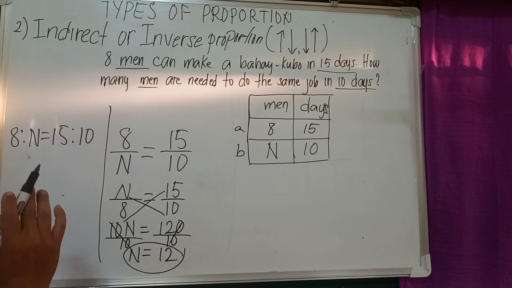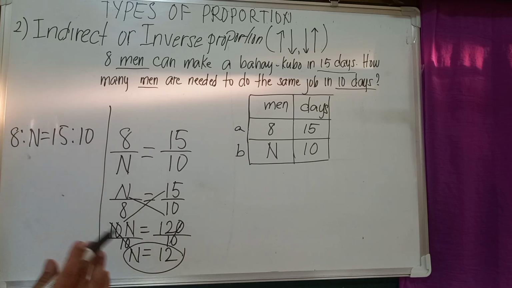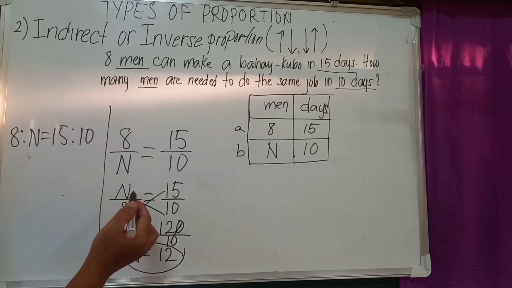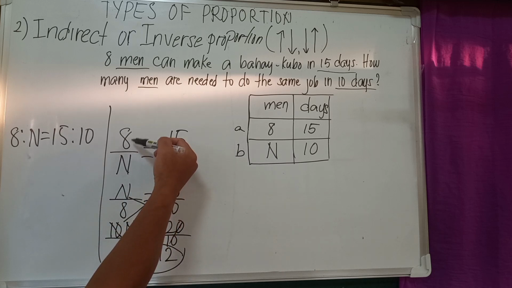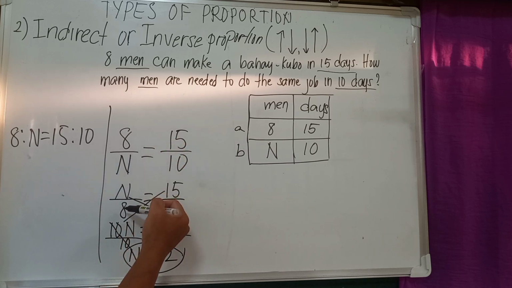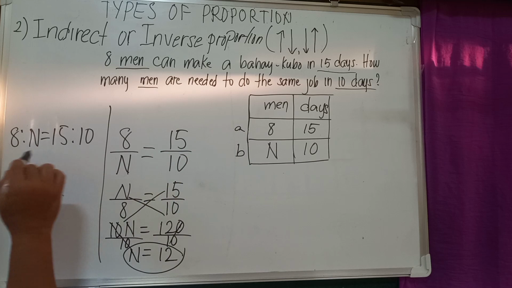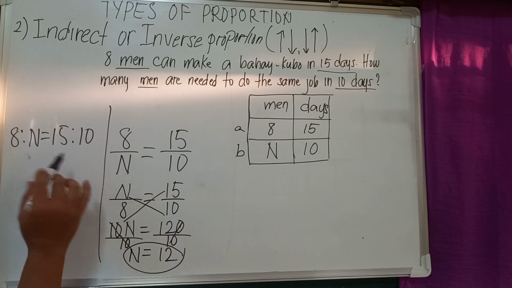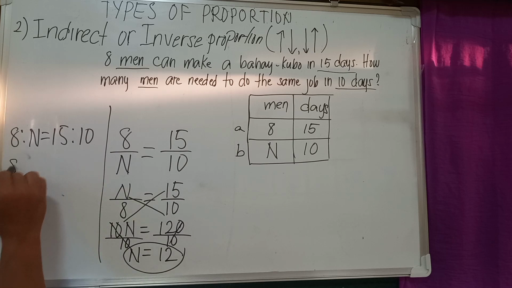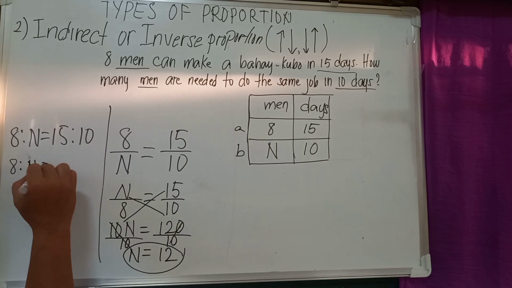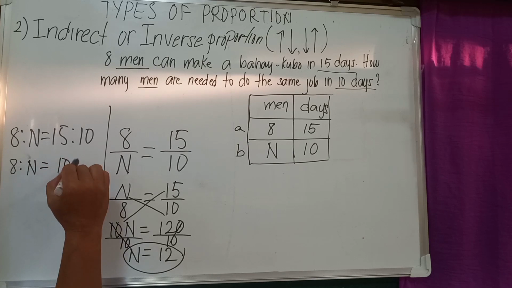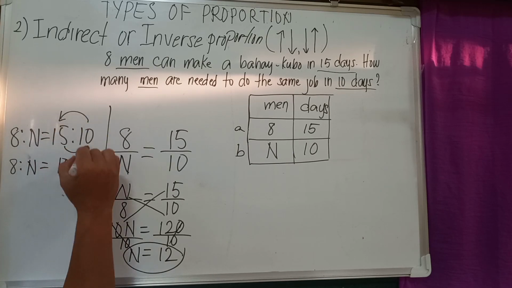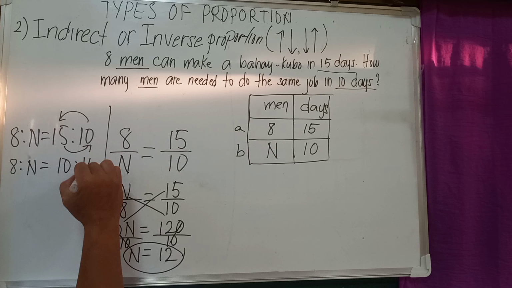Kasi from one of the ratios ay babalik pa rin natin. Kanina, dito sa ating fraction form, itong 8 over n ang ating binaligtad. Dito, subukan naman natin dito sa ating colon form, ito naman yung ating babaligtarin. Okay? So we have 8 is to n equals 10 is to 15.